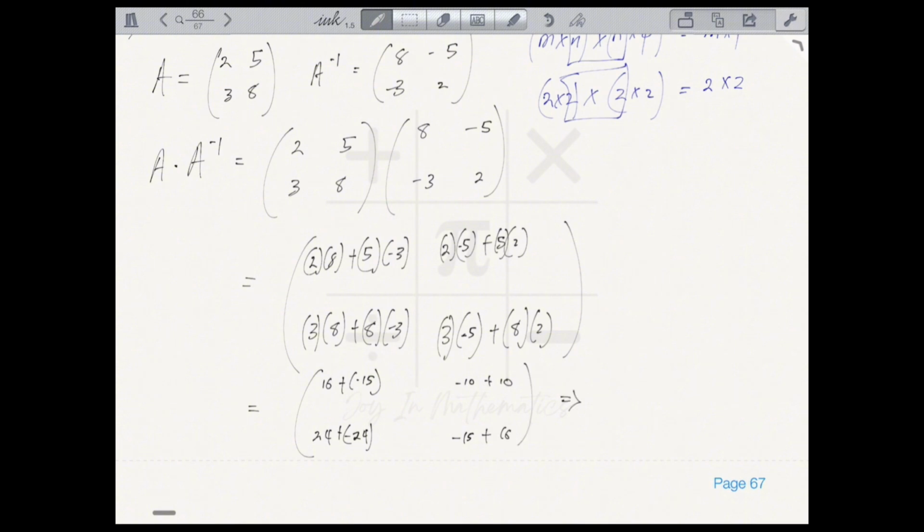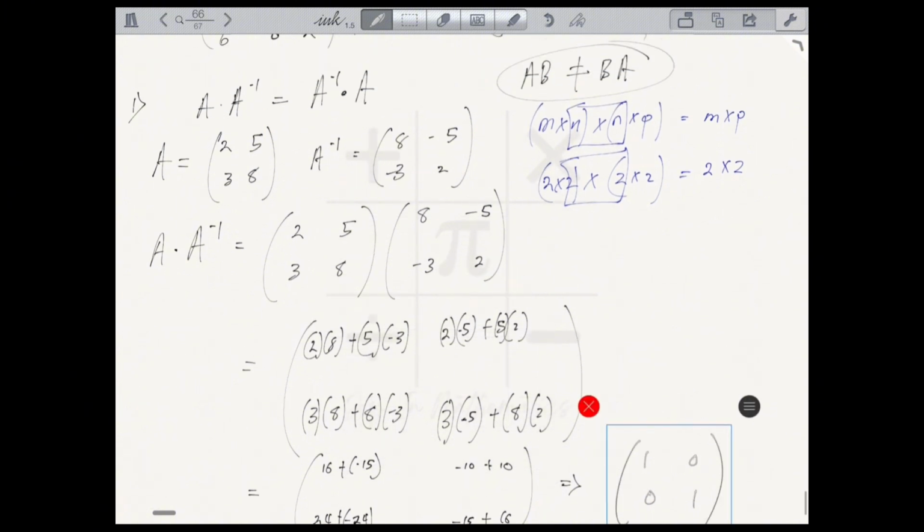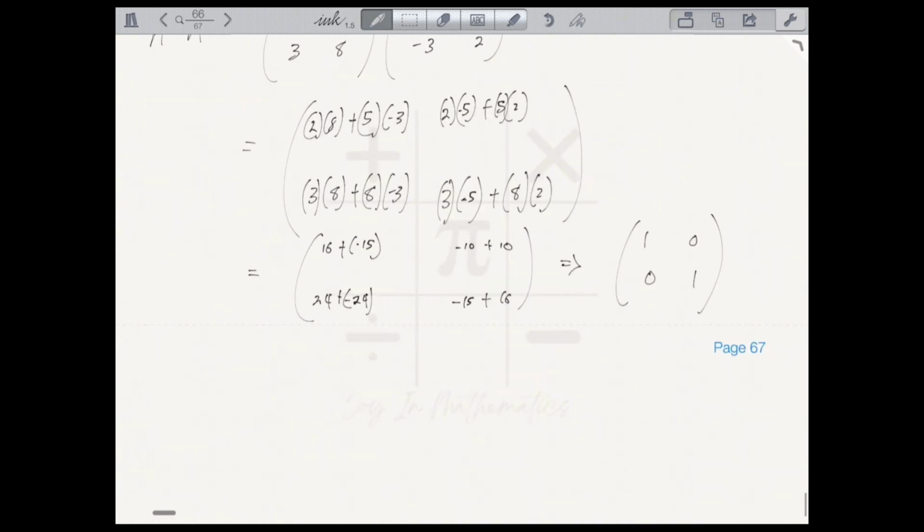Now this results in 1, 0, 0, 1, the identity matrix. Amazing. So it's true. It tallies. When we multiply A by its inverse, we will have an identity matrix of 1, 0, 0, 1.